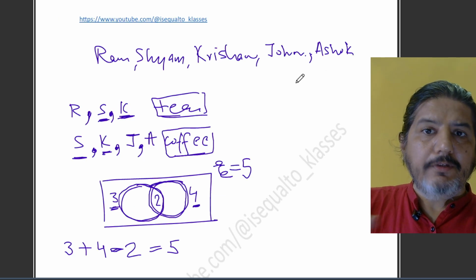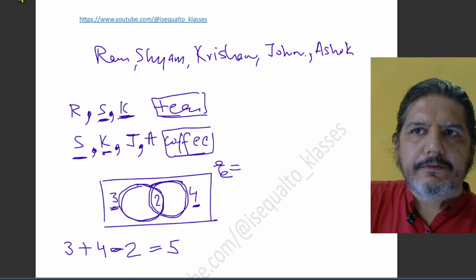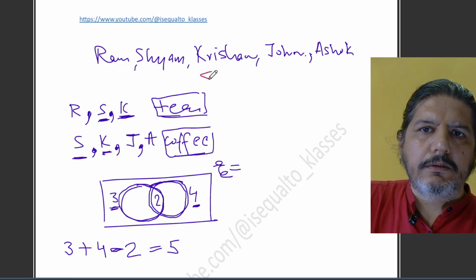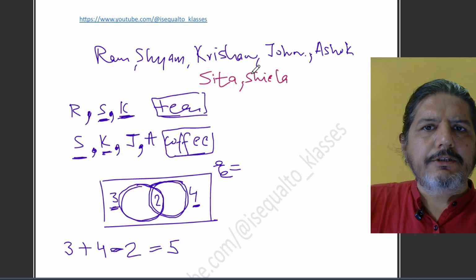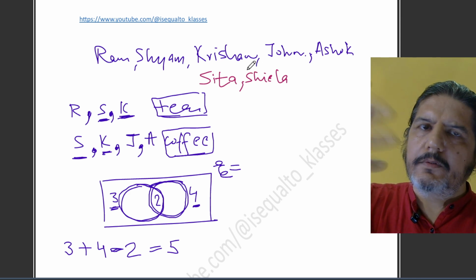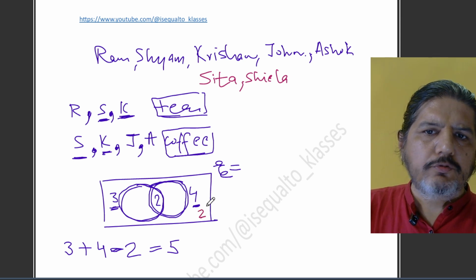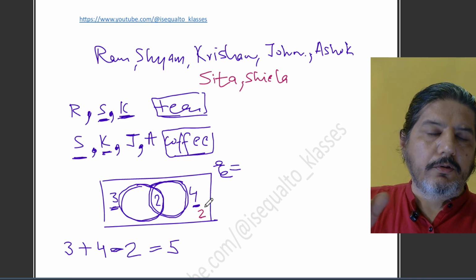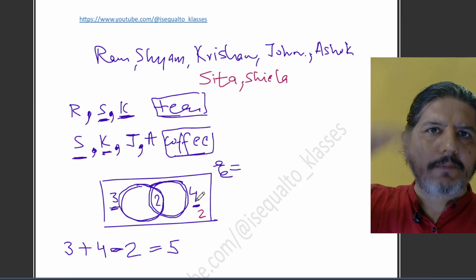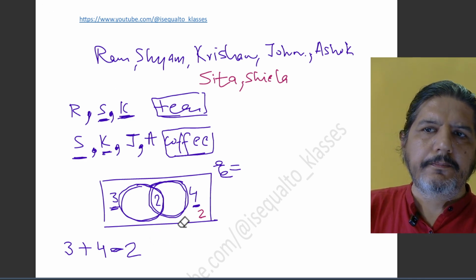Now, another thing that I want to clarify, which I was discussing in the beginning, is that there might be two other members. Let us assume Sita and Sheila. Now, Sita and Sheila are neither tea drinkers nor coffee drinkers. So they will be put somewhere here. And then when we are auditing the number of people in the universal set, this is how we'll have to audit.